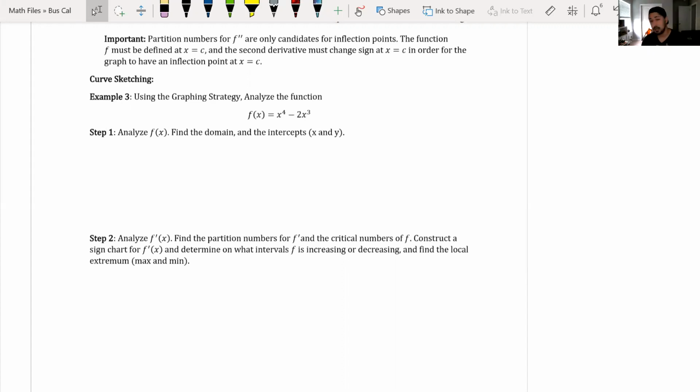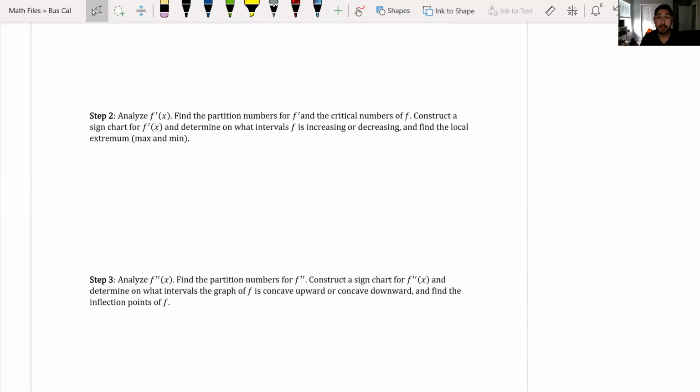Okay, so that's what we're going to do again, but now we're going to graph this function, x to the 4th minus 2x cubed, by going over everything. This is called the graphing strategy. So step 1 is to find the domain and find the x and y intercepts of the function. Step 2 is everything we learned in 11.1.